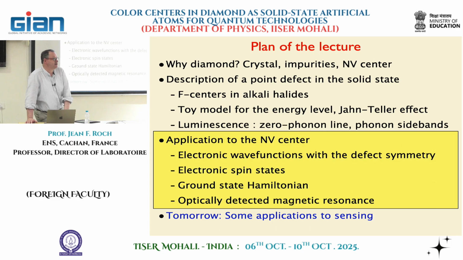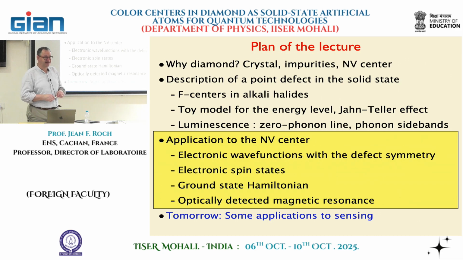It's like the potential that we did for the F centers, the Farben centers, but with the appropriate symmetry of the defect. Then once we have that, we will have the spin on top of that, okay? And since we have 2 electrons, we will have to play with the spin structure. So this will be close to the helium atom.